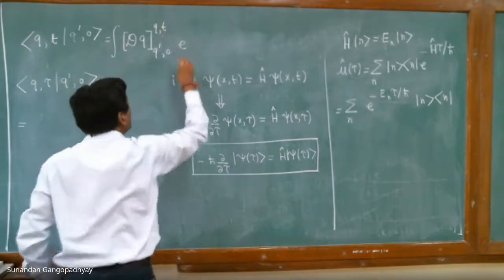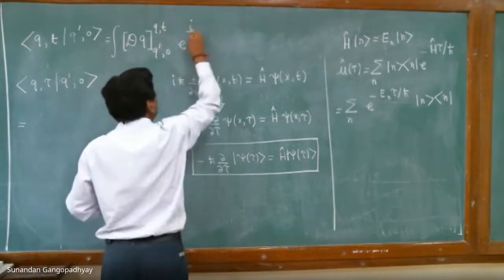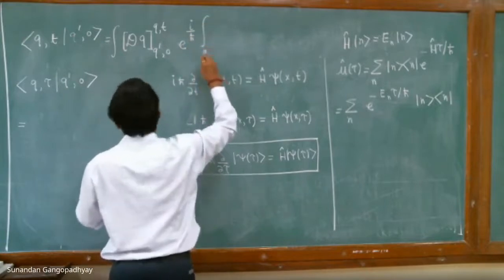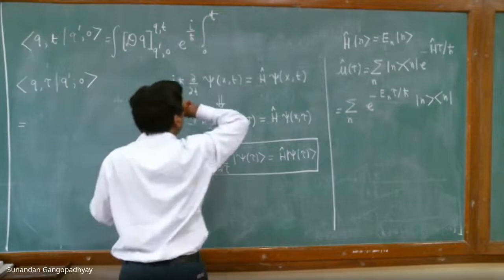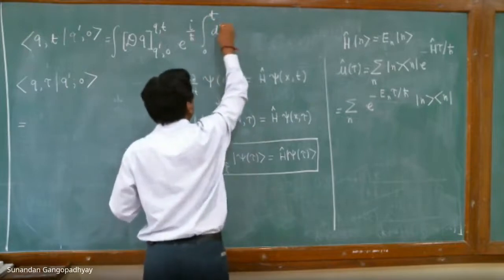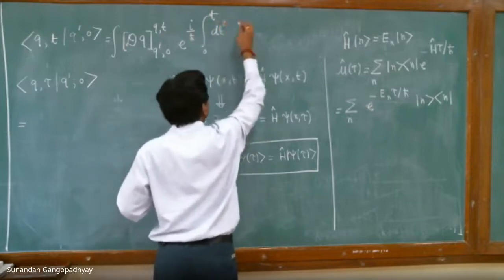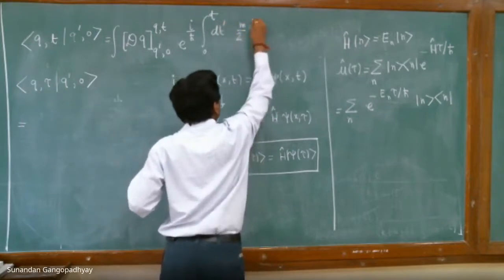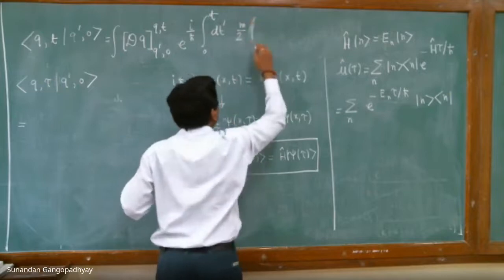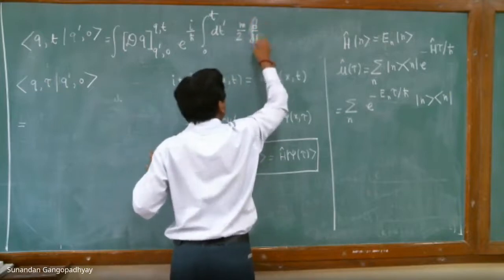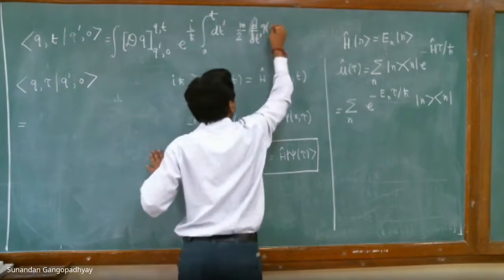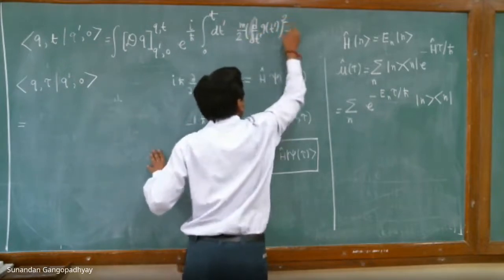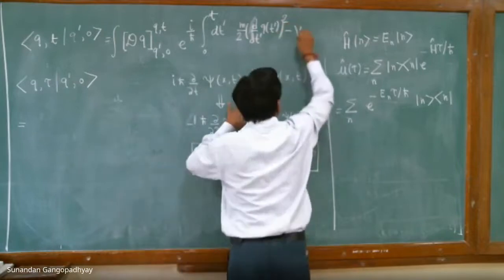e to the power of i by h bar times the action, and this action is nothing but the integral from 0 to T of dt prime, then we have m by 2 q dot, so let me write it in this way, (d/dt prime of q(t prime)) whole square minus V of q.